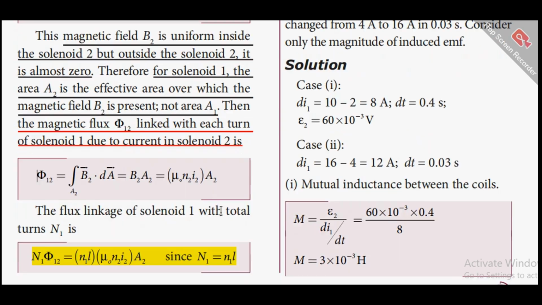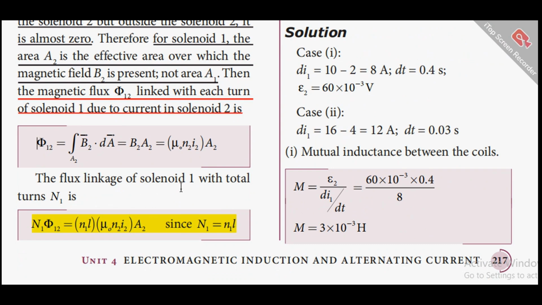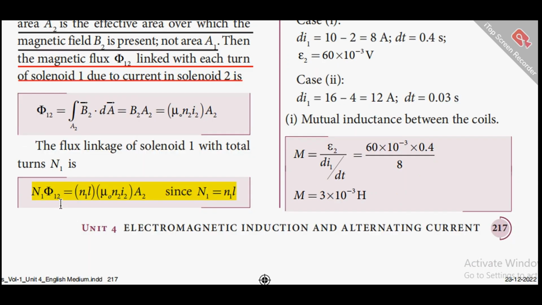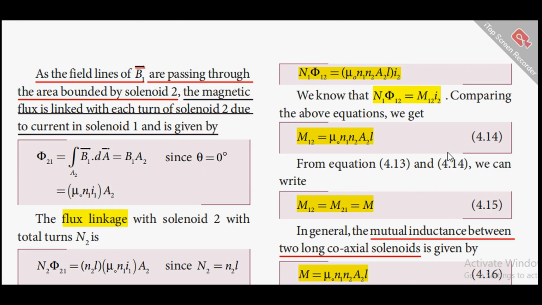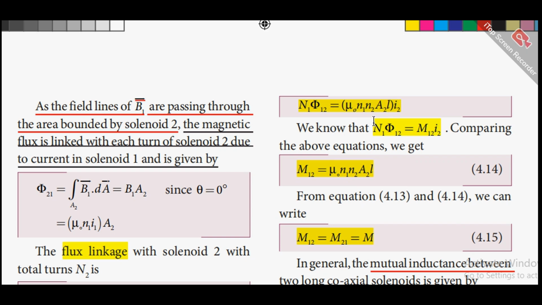The flux linkage of the first solenoid with total turns N1 is given by N1 phi12 is equal to N1 L into mu naught N2 I2 into A2, as N1 equal to N1 times L. So N1 phi12 can be written as mu naught N1 N2 into A2 L times I2, and we already know that N1 phi12 is equal to M12 I2.